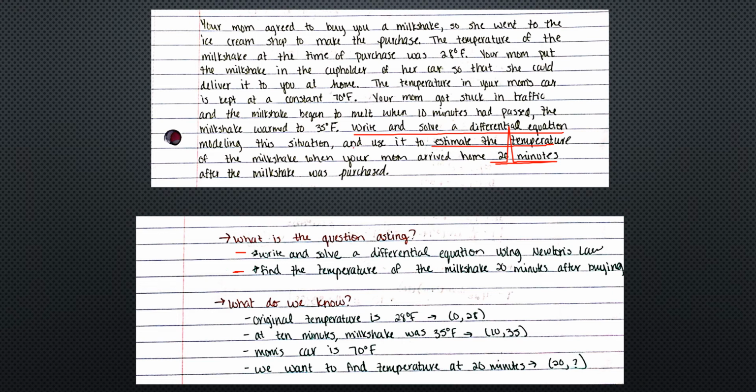We know that the original temperature at the time of purchase was 28 degrees Fahrenheit. So that means we have, at time 0, a temperature of 28 degrees Fahrenheit. We also know that at 10 minutes, the temperature of the milkshake warmed to 35 degrees Fahrenheit.